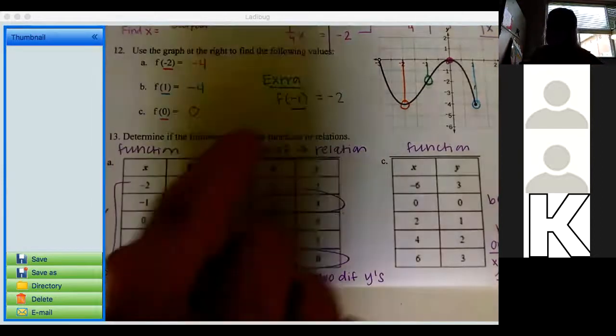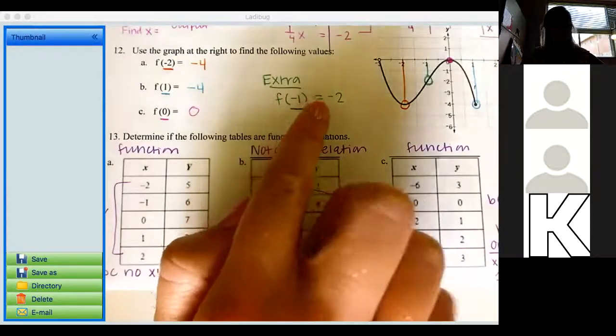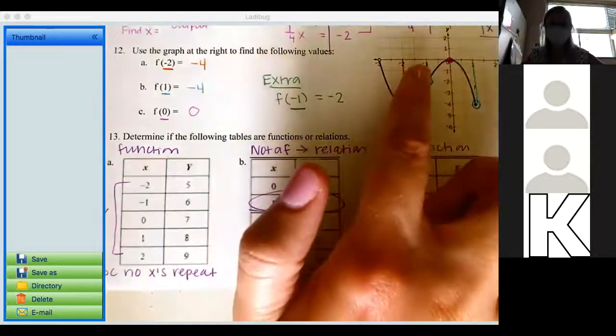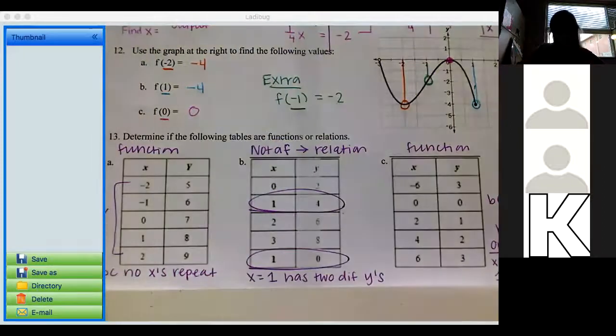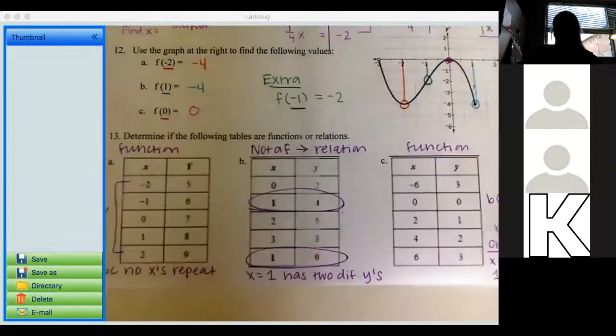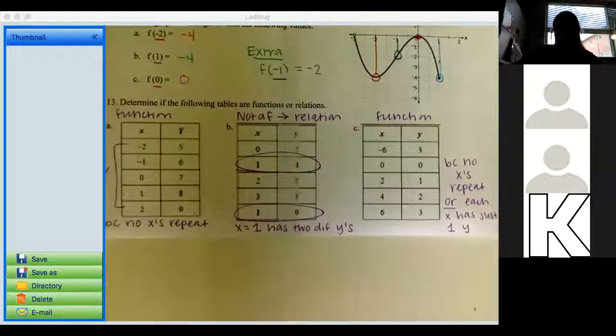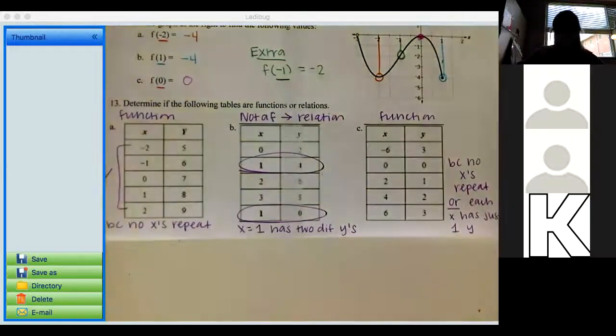I did put an extra one in here just for you to try if you wanted, but f of -1, when you go find the output, the y value, it's -2. And then for the bottom part, I'm gonna zoom out just a little bit so y'all can see. I did put explanations.